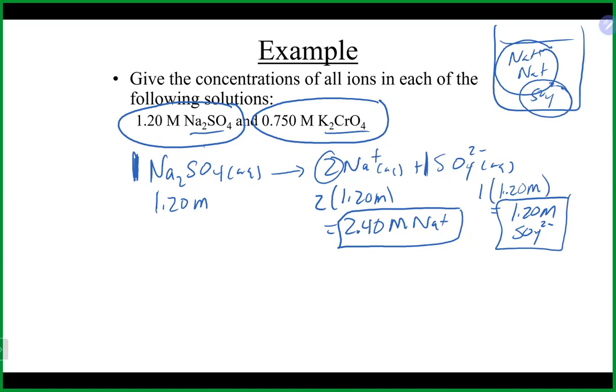Any questions on that? That again is, as we talked about last time, the calculation. Once again, if you were looking at the longer version of that calculation, you would take the 1.2 molar and convert it to moles per liter of the whole thing. And then you would just do a little stoichiometry. 1 mole of the whole thing gives us 2 moles of sodium ions.